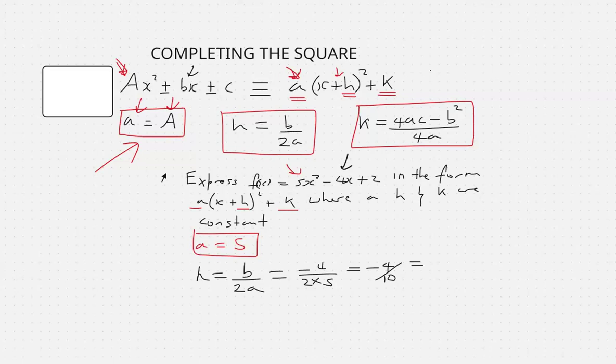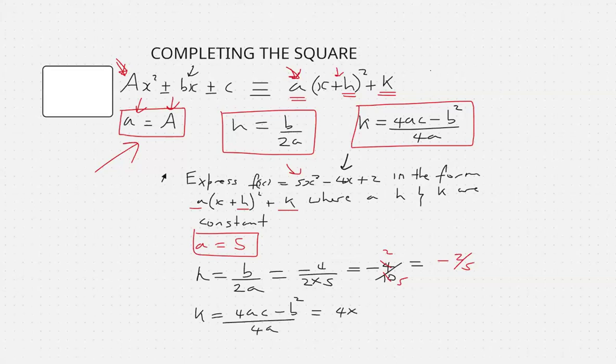All right, and then finally we find K. So K works out to be 4AC minus B squared, all over 4A. So it's going to be 4 times A, which is 5, and C is 2.